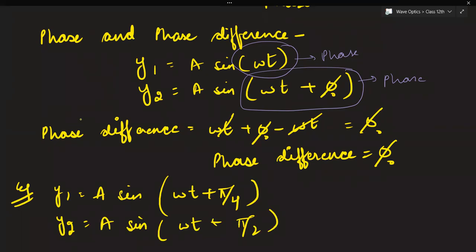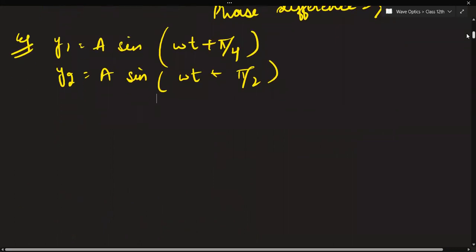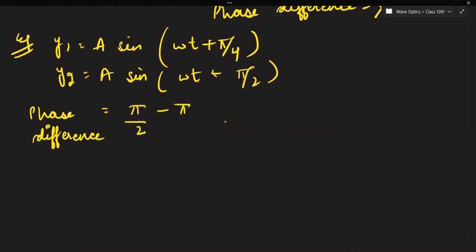If you are asked to find the phase difference, you will subtract both of these. So the phase difference will be pi by 2 minus pi by 4 simply. Omega t will get cancelled anyway, right?